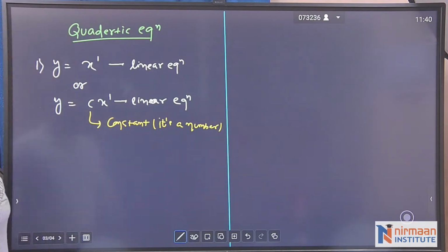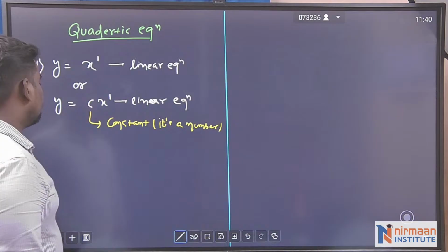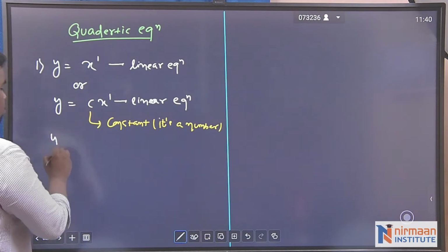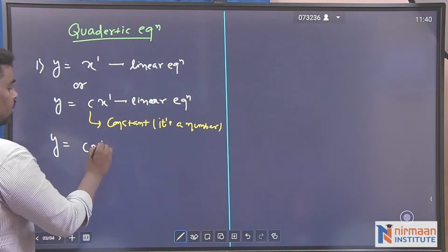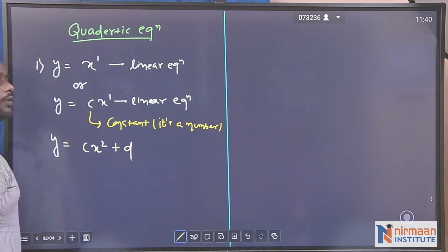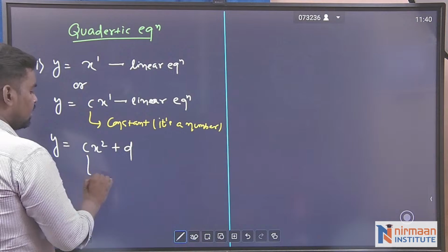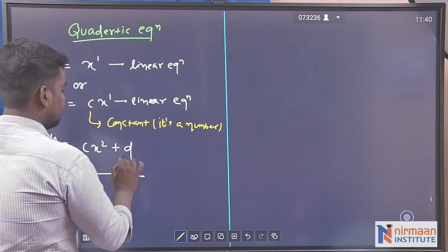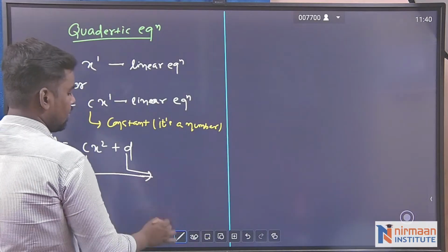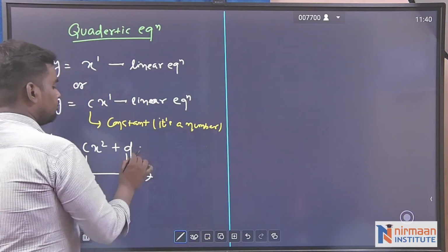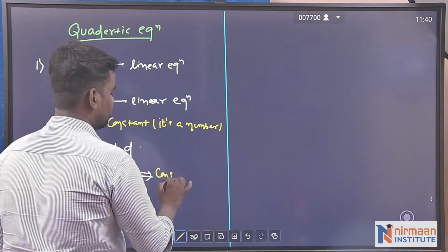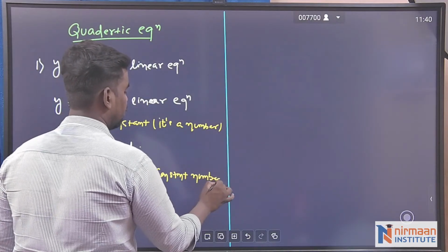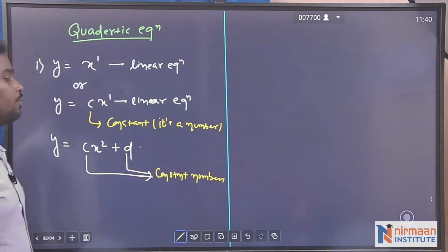If I write y equal to cx plus d, here c and d are both constant numbers.